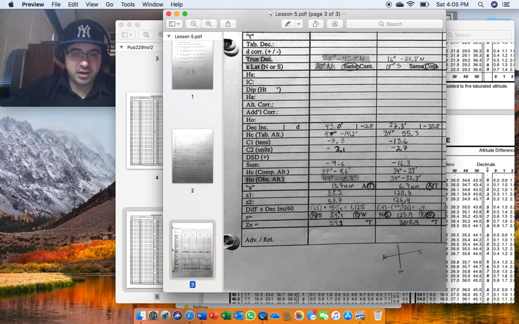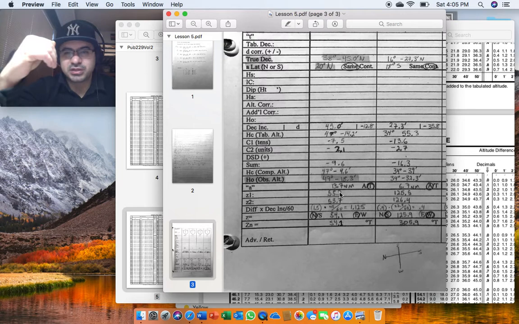So you do the math, right? 1.5 times the 45 divided by 60, and your answer ends up being 1.13, right? So you have to go from, you see how it goes, 55.2 to 53.7.